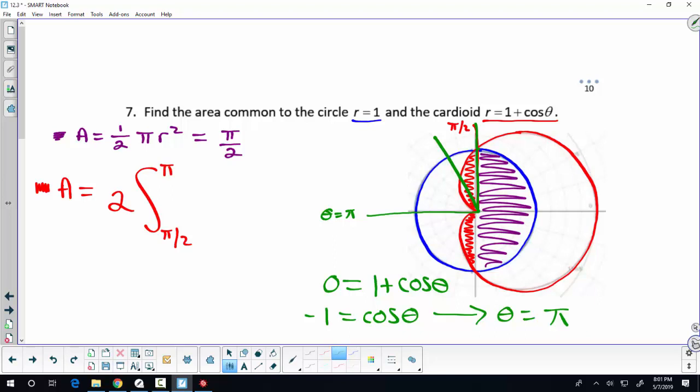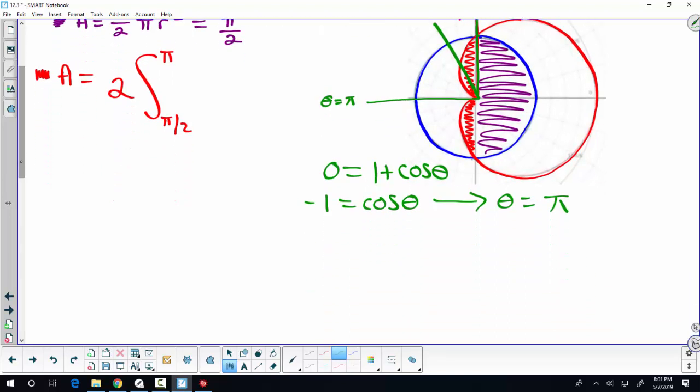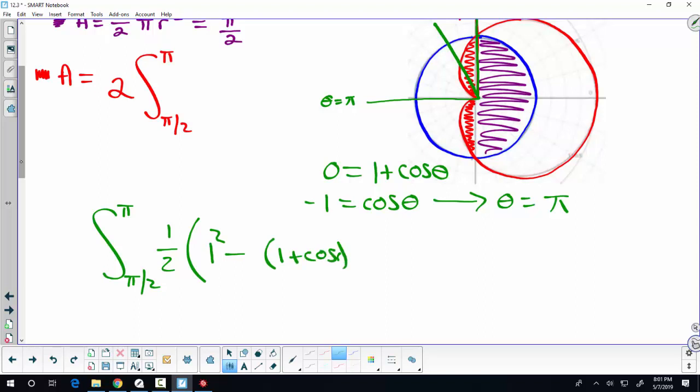No. Let's just talk about this for a second. What if we did look at the integral from pi over 2 to pi, but instead we had 1/2 times r squared, that's our circle, minus (1 plus cosine theta) squared. If we said that's the outer minus the inner, what area would we calculate?